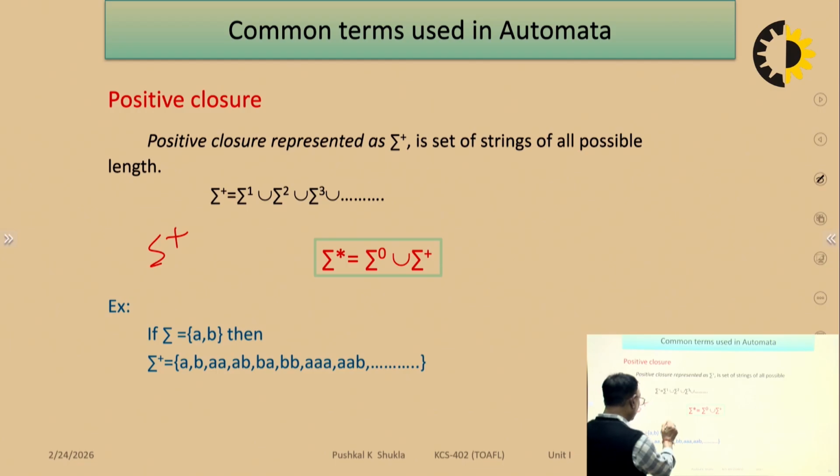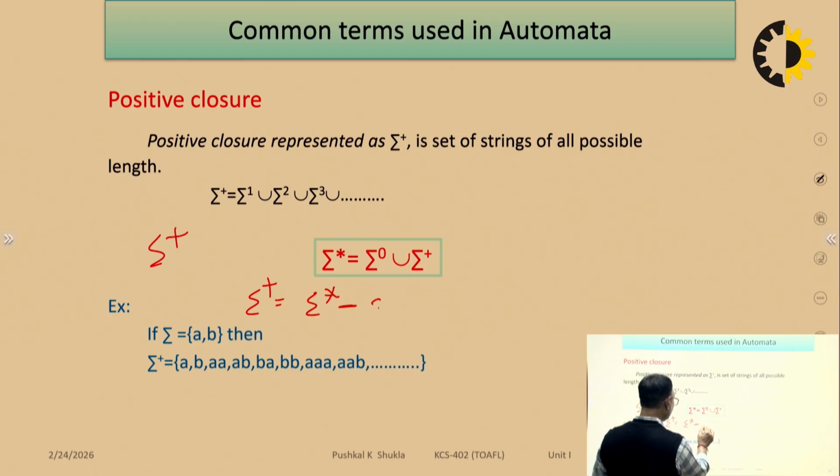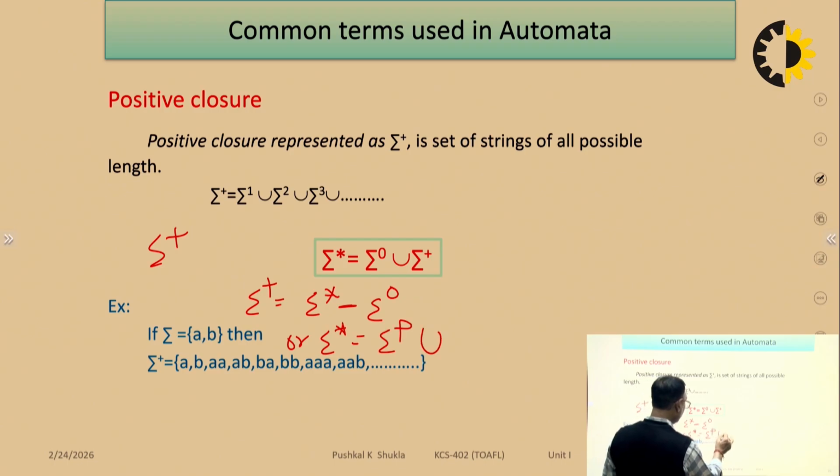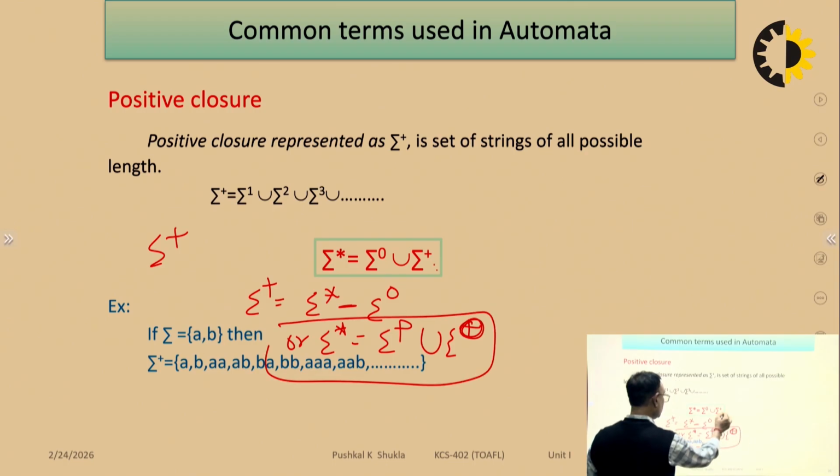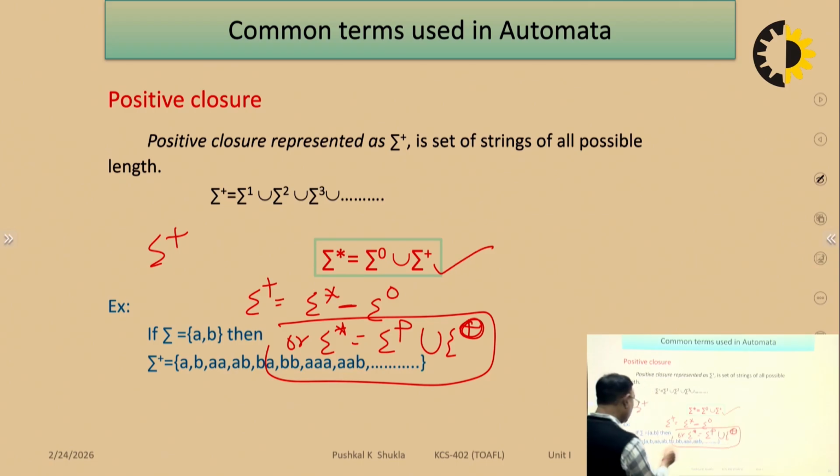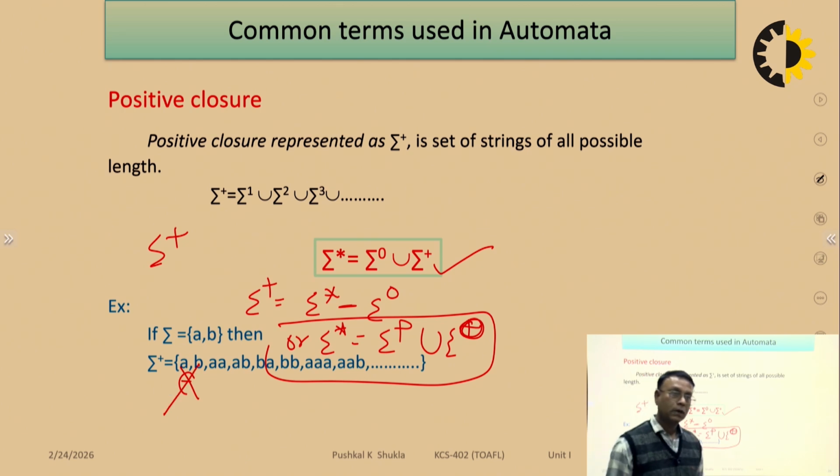So we can write sigma plus equal to sigma star minus epsilon, or sigma union sigma square and so on. Here epsilon should not be there.